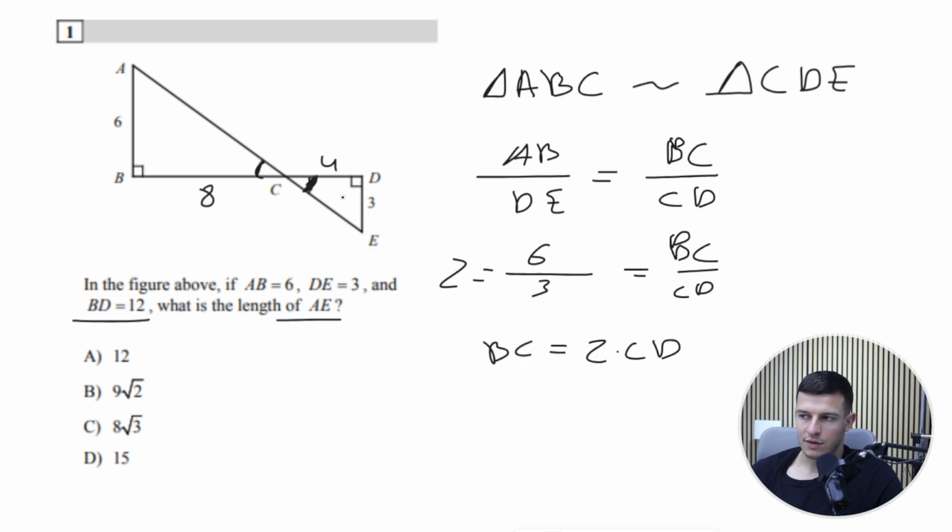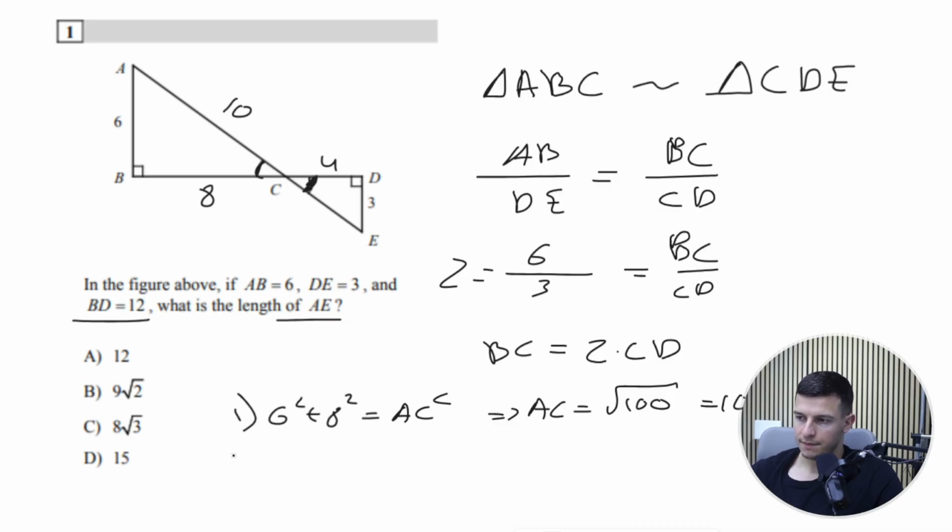Good. Now I have 2 triangles with 2 sides each, which means I can find the hypotenuse for both of them. If we do the Pythagorean theorem for the first one, 6 squared plus 8 squared is equal to AC squared. AC is going to be square root of 100, which is 10.